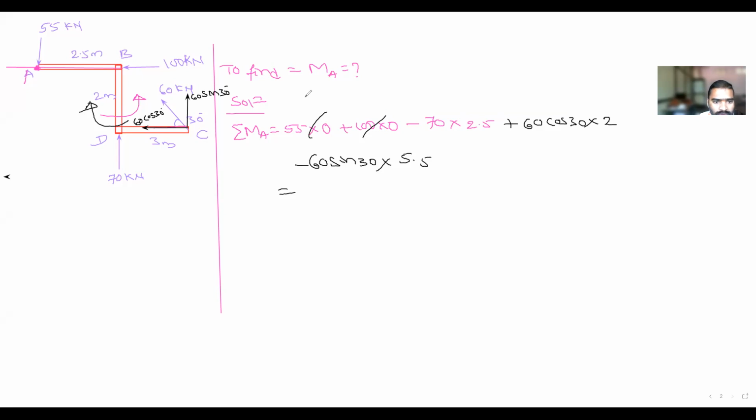Minus 236.07 kilo Newton meter. It is negative. Negative means it is anti-clockwise direction. This is the moment about point A.